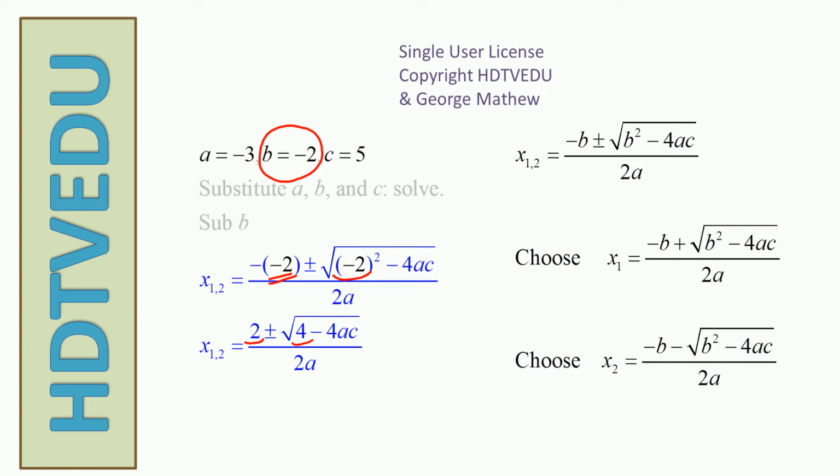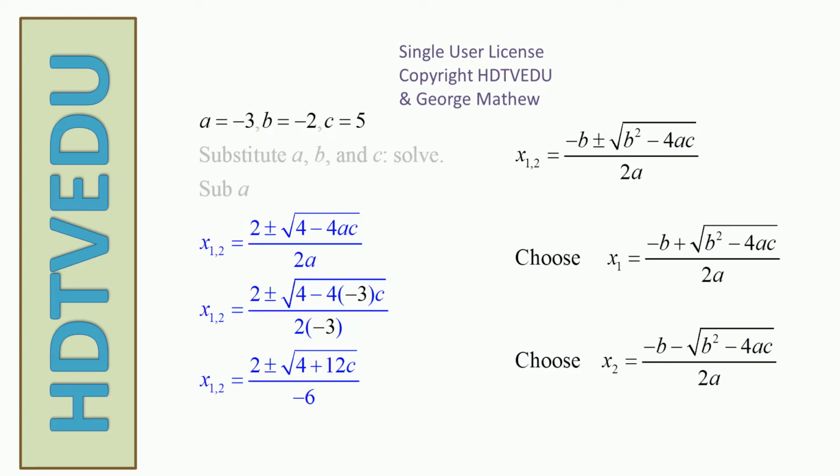If you feel comfortable substituting a, b, and c all in one single step, go for it. Now what do we do? Substitute a. And what is a? A is negative 3. So if you simplify it further, you get 2 plus or minus square root of 4 plus 12c, divided by negative 6.